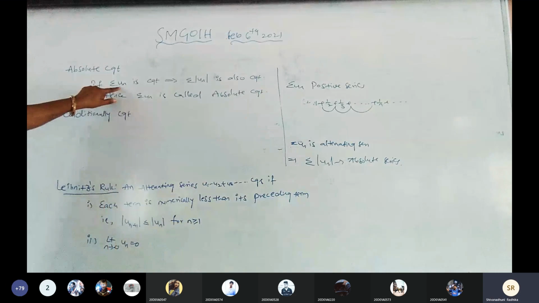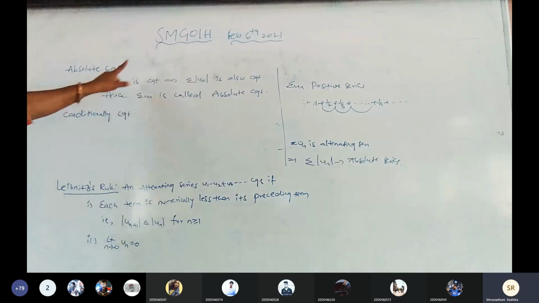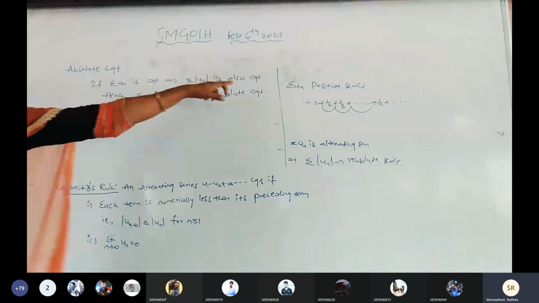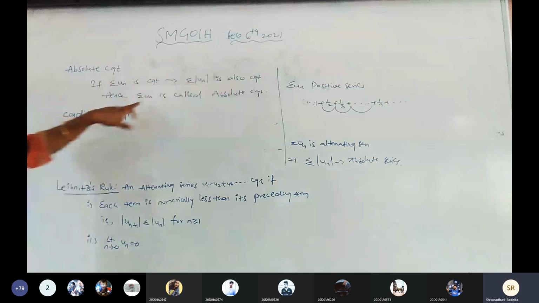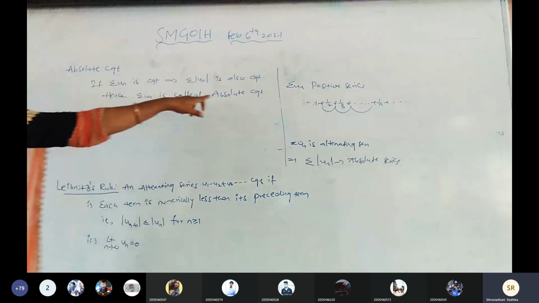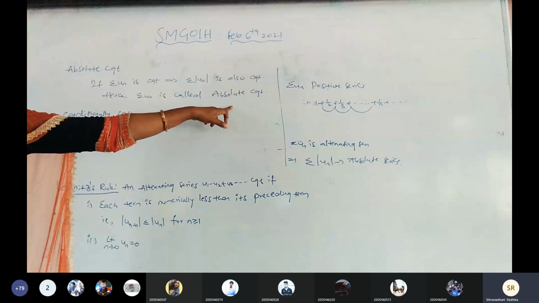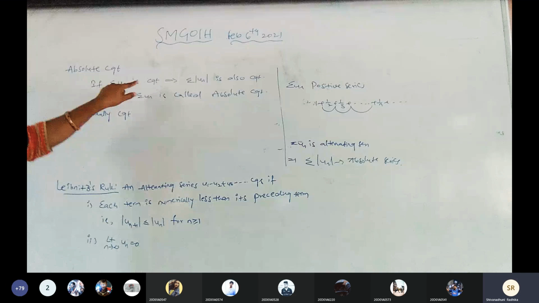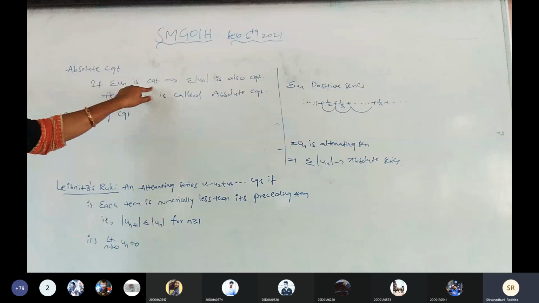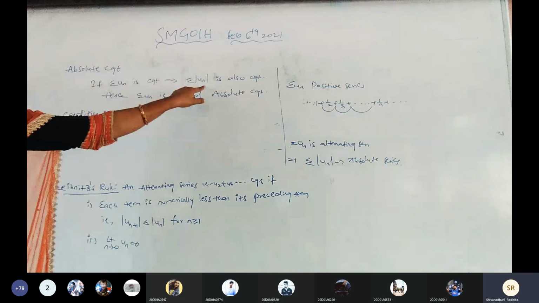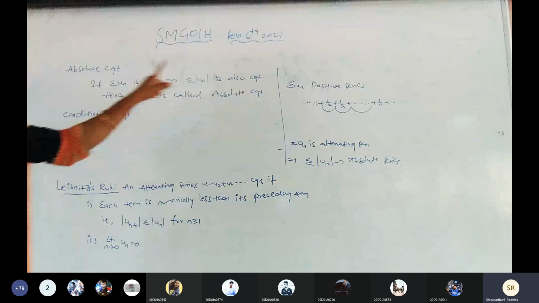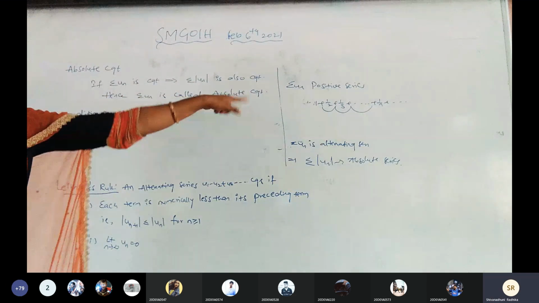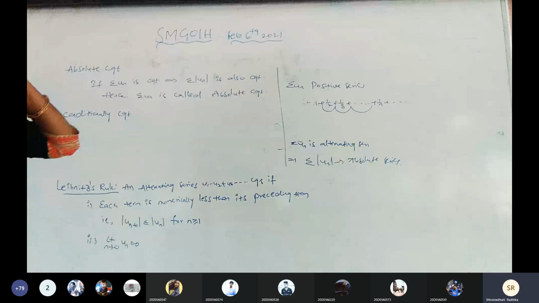The given alternating series and the absolute series both are convergent, then the given series is absolute convergent. Is it clear? Any minor doubts? The given alternating series is convergent and the given absolute series is also convergent, then the given alternating series is called what? Absolute convergent. Is it clear?